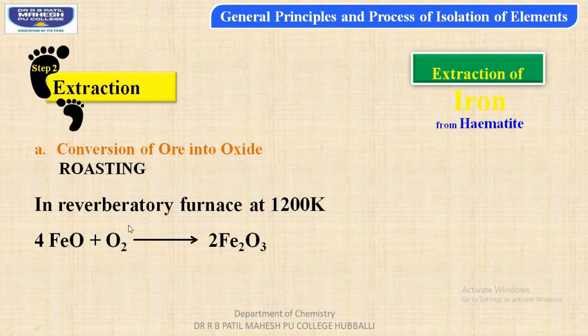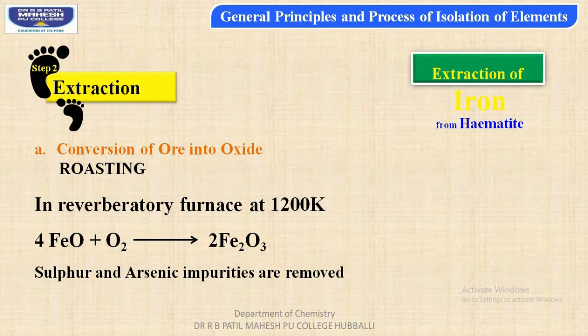So the conversion of iron from the +2 oxidation state to the +3 oxidation state occurs, and in this process of roasting, both sulfur and arsenic impurities are removed. Why? Because sulfur forms sulfur oxide and arsenic forms arsenic oxide, which are in gaseous form and get easily eliminated. Thus we have ferric oxide.